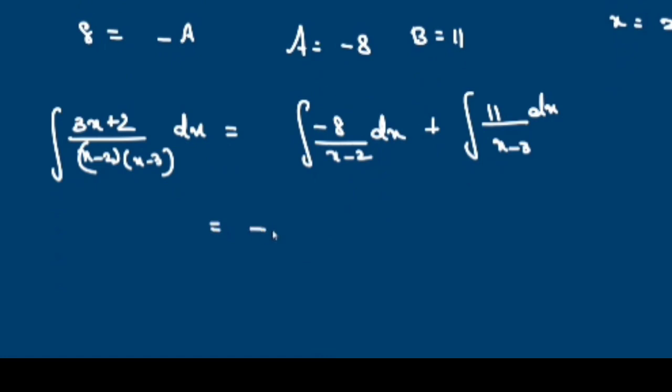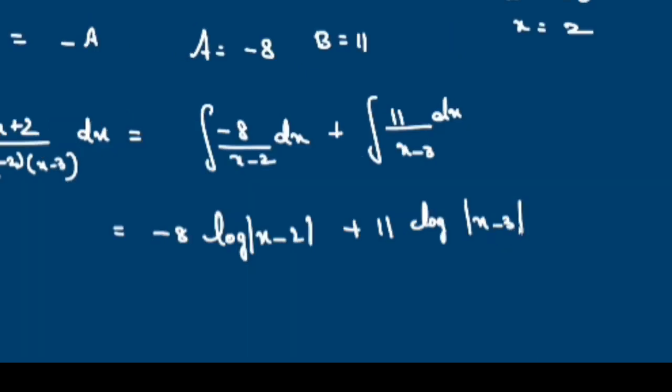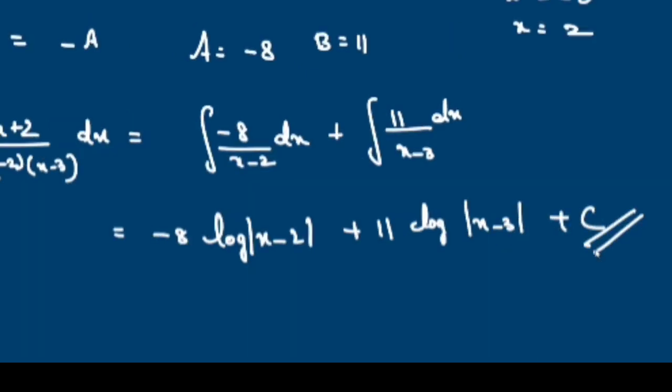So this is nothing but minus 8, 1 by x minus 2 is log modulus of x minus 2, plus 11, 1 by x minus 3 is log modulus of x minus 3, plus c. So that's the answer.